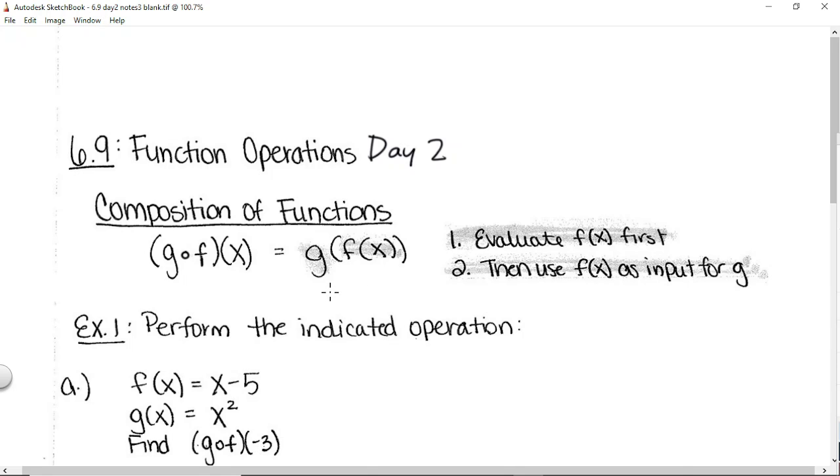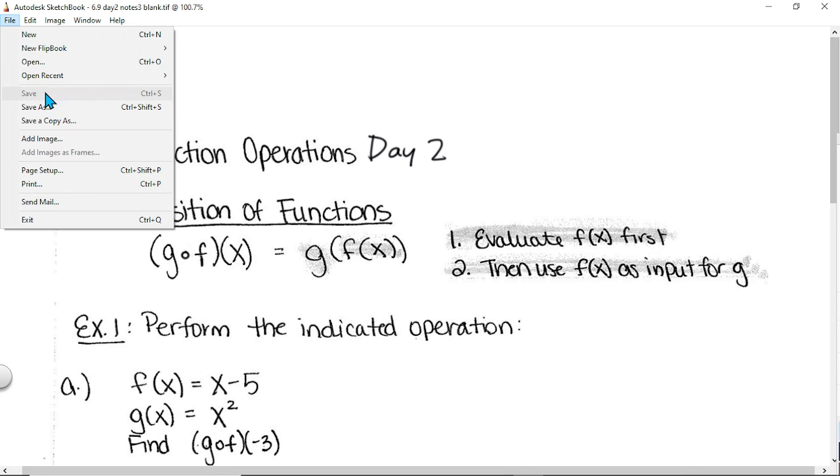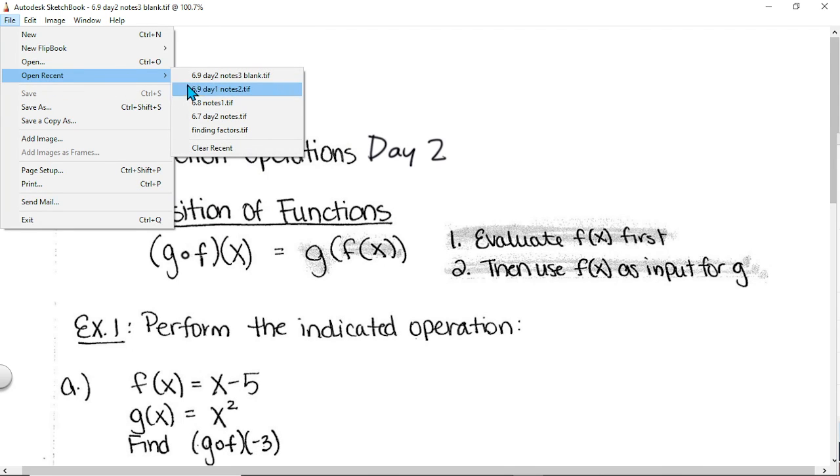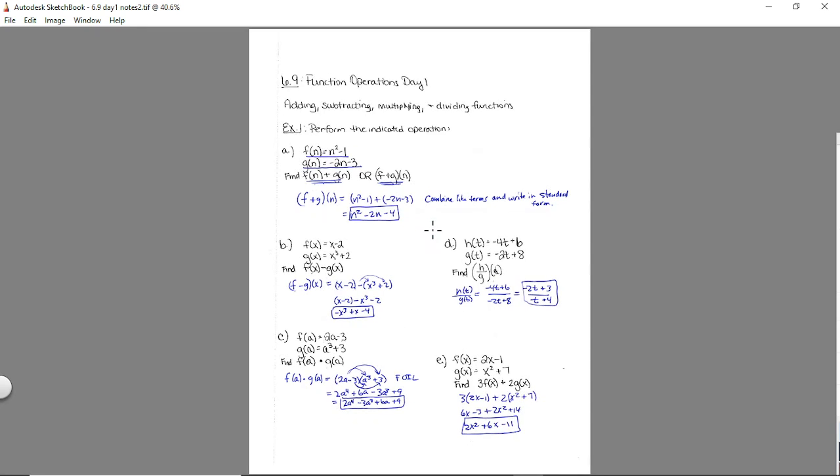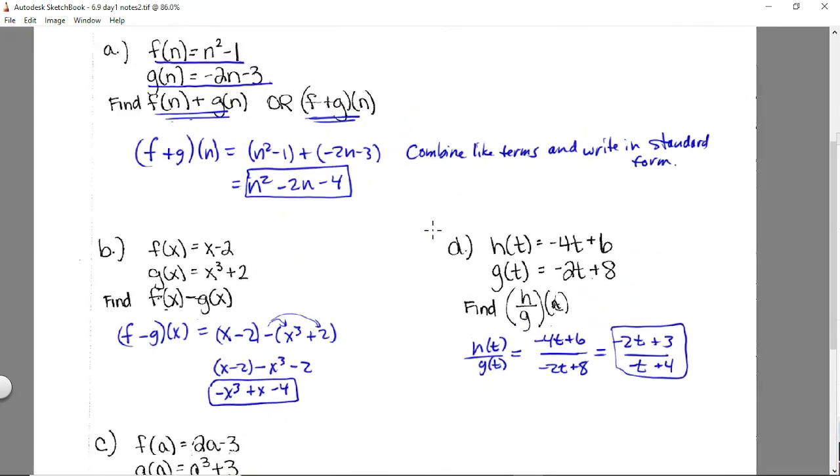So we're going to actually just evaluate that for a certain value of x today. We're not going to actually write down what that new function is. We could, but that's not what we're going to do. Just to contrast that with what we did yesterday, we'll take a quick look at yesterday's notes, day 1. Zoom in on it here.